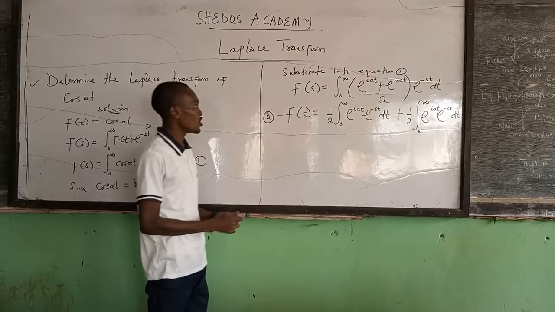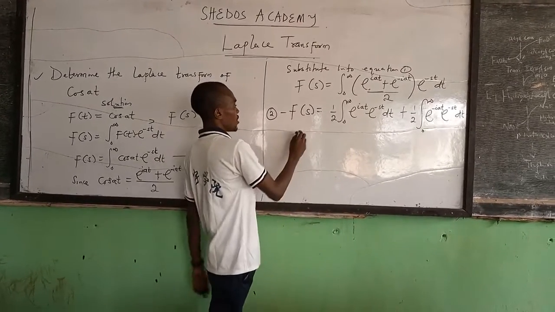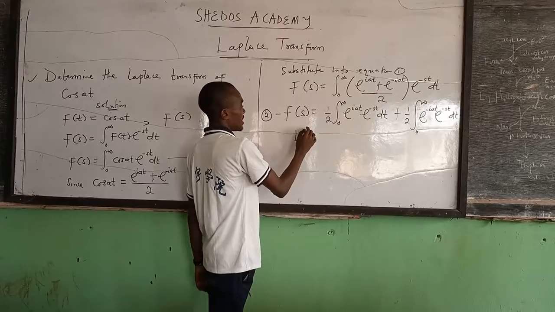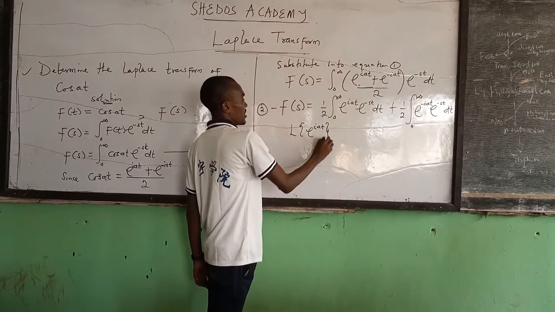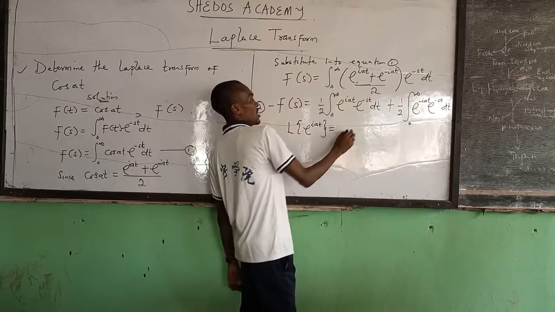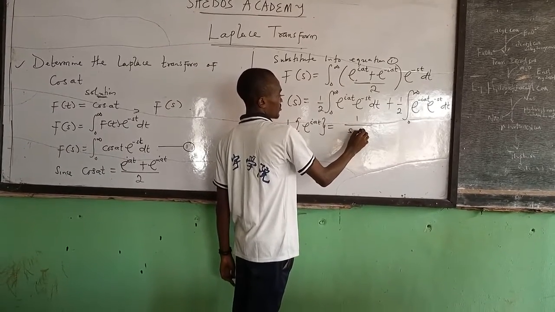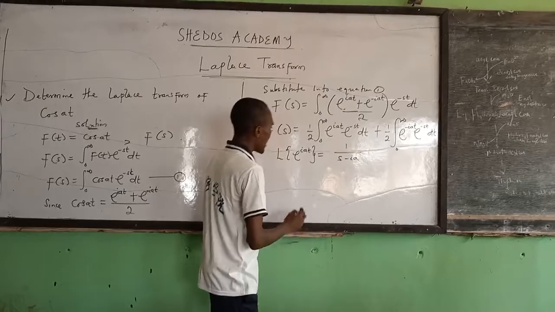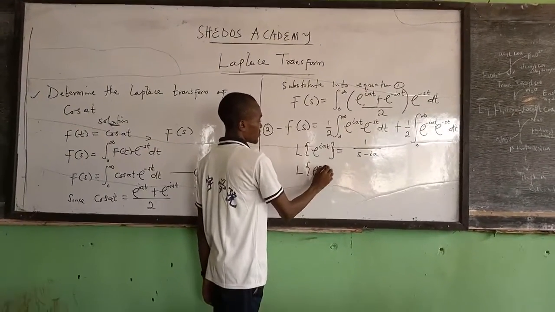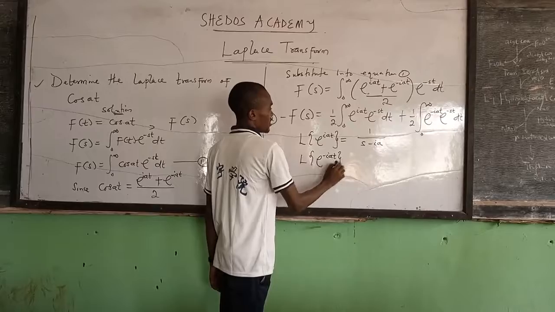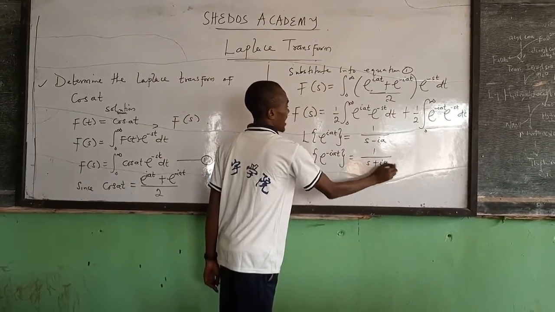So the Laplace transform of exponential iat is definitely 1 over s minus ia, while the Laplace transform of exponential minus iat is 1 over s plus ia.